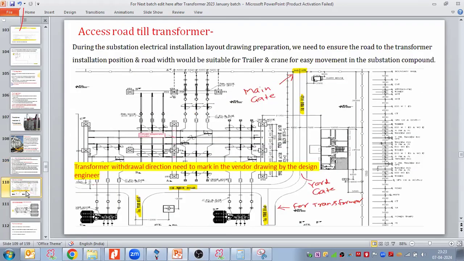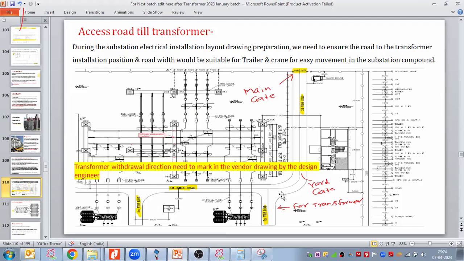So when you are making the electrical installation layout drawing, in that drawing we need to make sure, or we need to provide the arrangement for the transformer transportation as well. Near to each transformer, we should provide the approach road, so that the vehicle which is carrying the transformer can reach that point and install the transformer at that position.